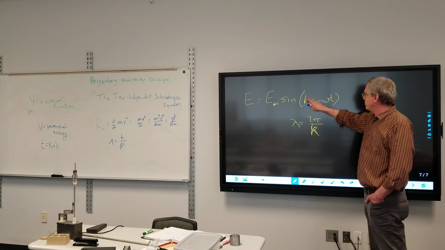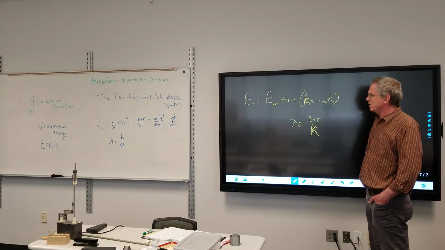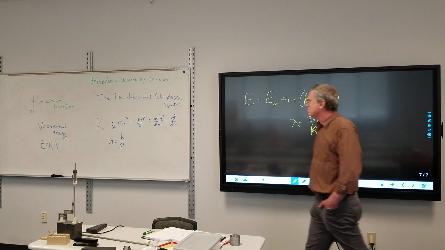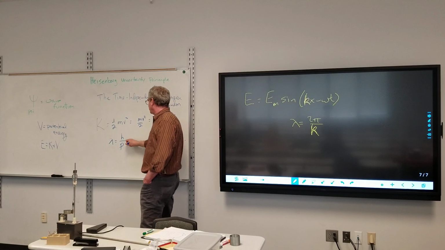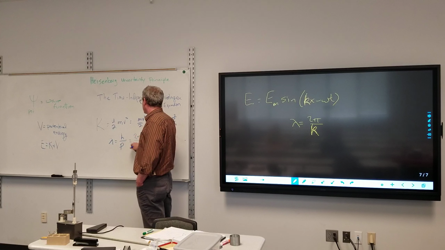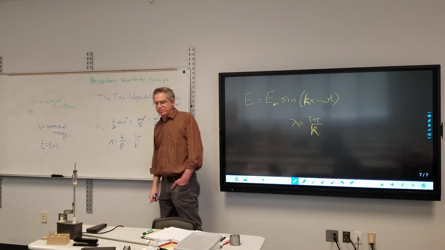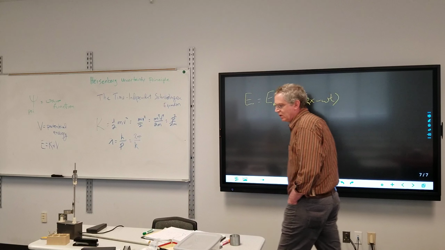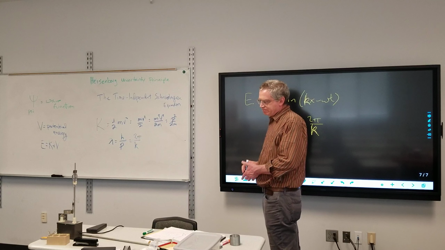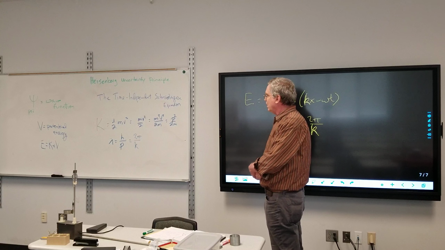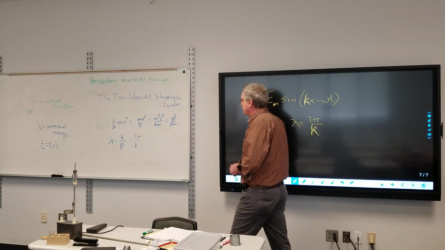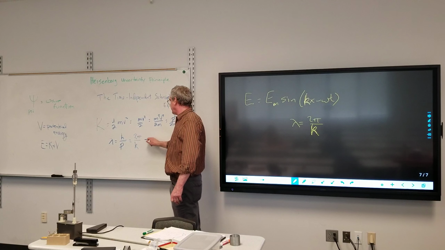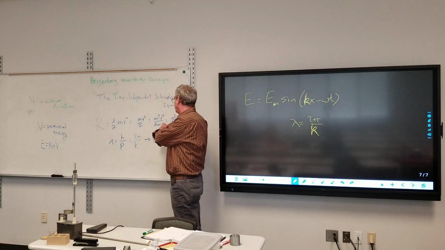Right, so I need to somehow differentiate my k's because uppercase and lowercase k's look very similar. So this is going to be equal to 2 pi over, if we're talking about a wave, over the wave number, k. So therefore, from this, I know that p is equal to hk over 2 pi.